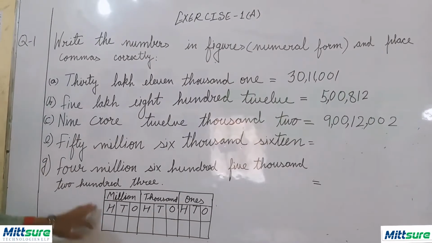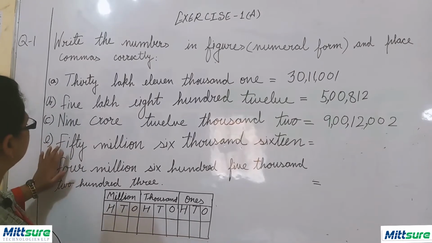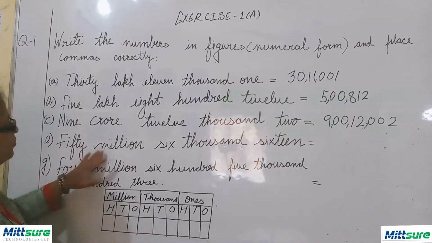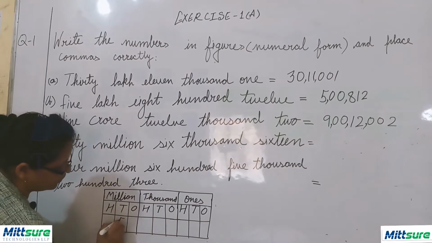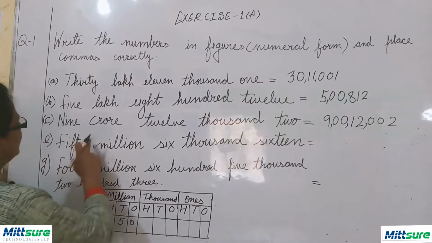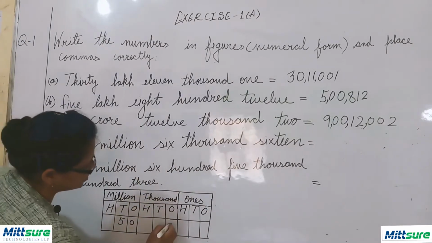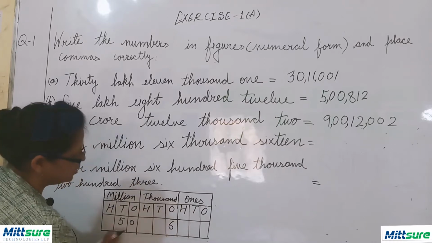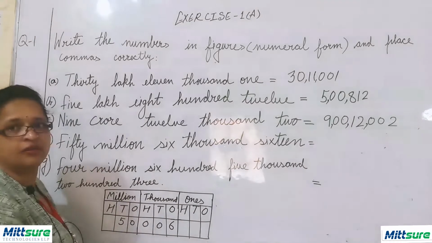Now we will fill the international place value chart. This is 50 million. This is the millions place, and I will write 50 here, and next is 6,000, so I have to write 6 at the place of thousands. The two places are empty, so we will fill 0 here.